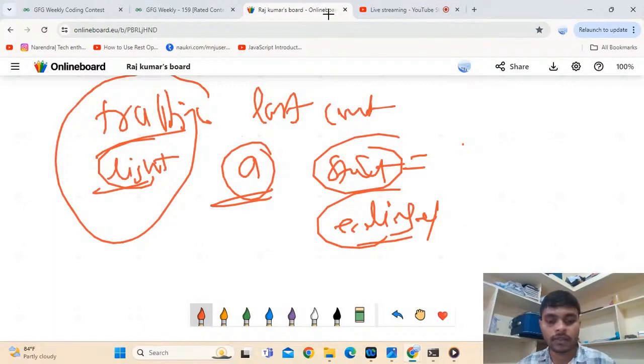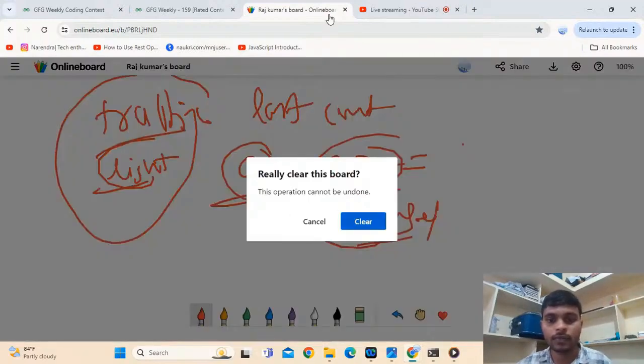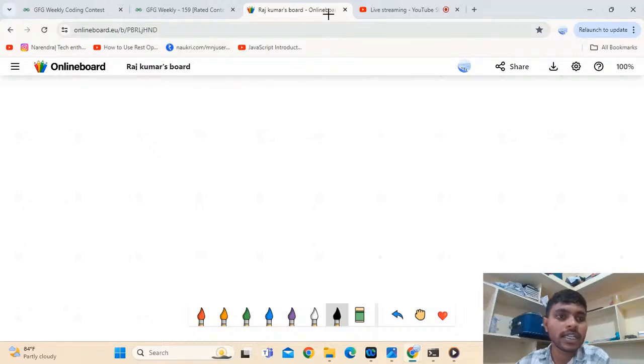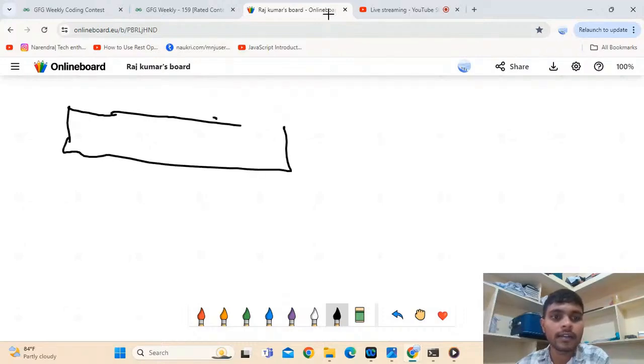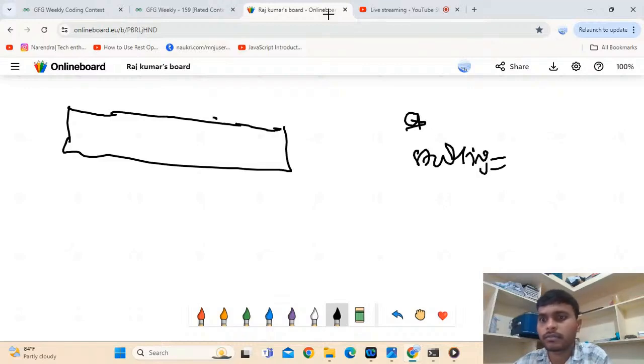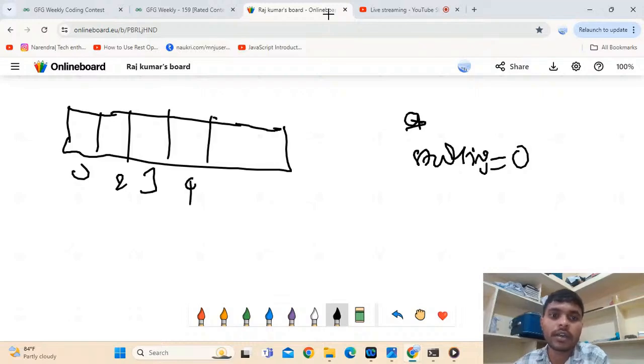As here observe, for suppose let's take this array a of i. The starting index is let's suppose 0, and the ending index is 0 1 2 3 4 5, it is 5, for a particular vector a.